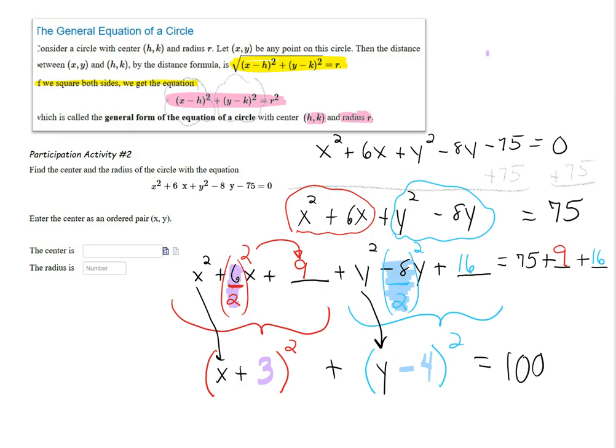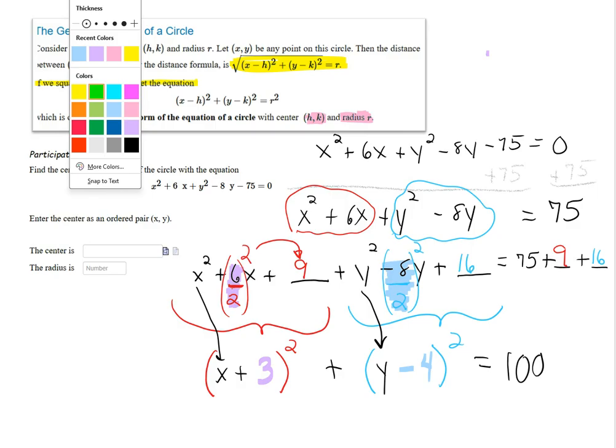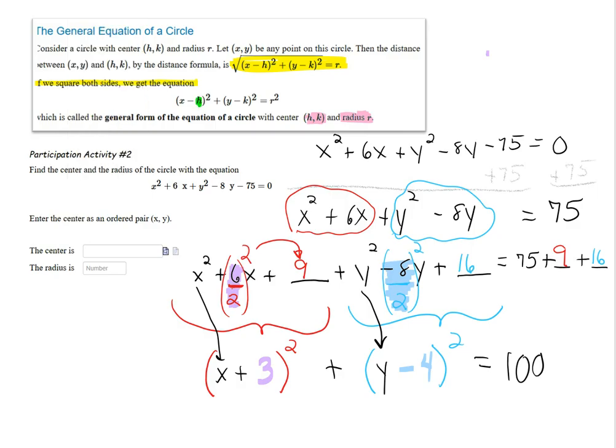What is the center? Now remember, if you come back up here to this form, it's x minus h. Well, I have an x plus 3, so this would actually be an x minus a negative 3, so our h is negative 3.